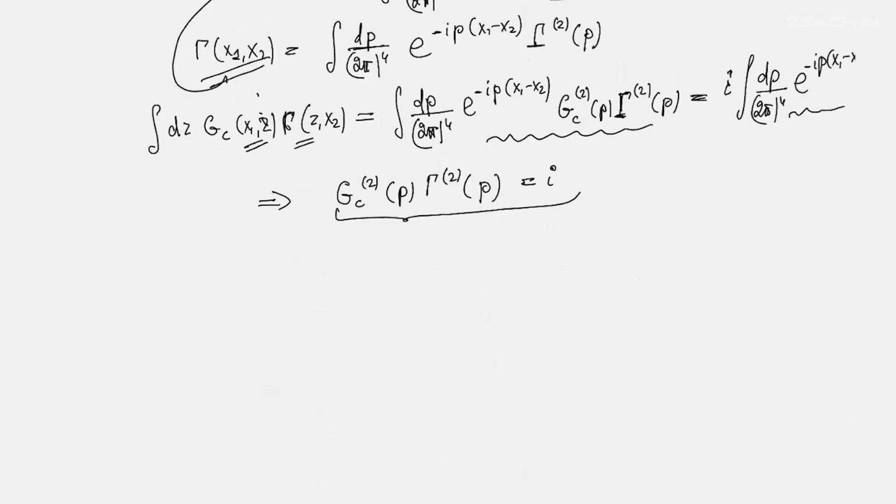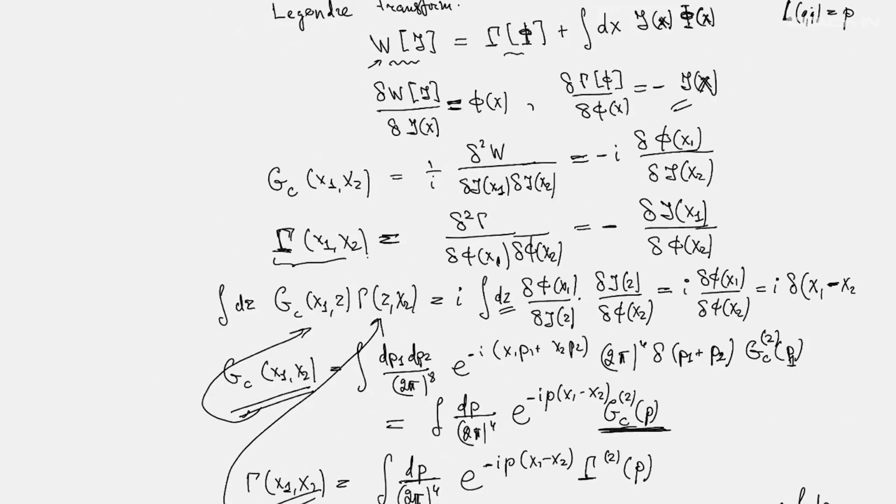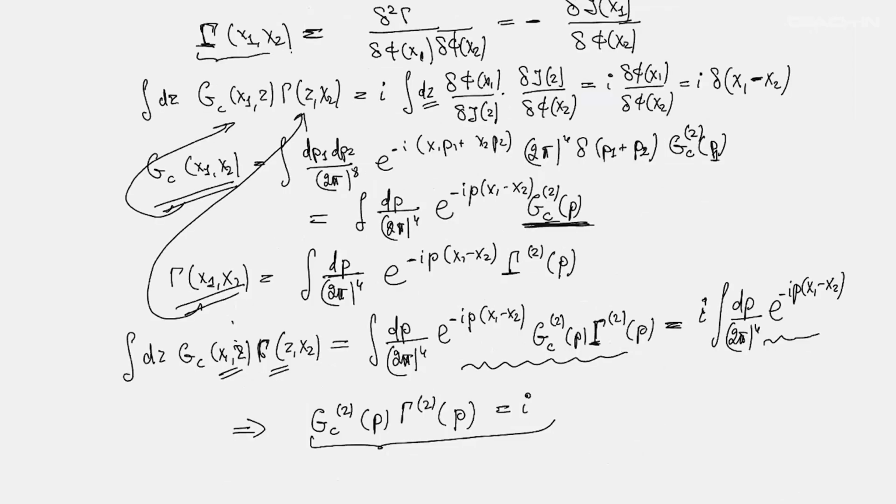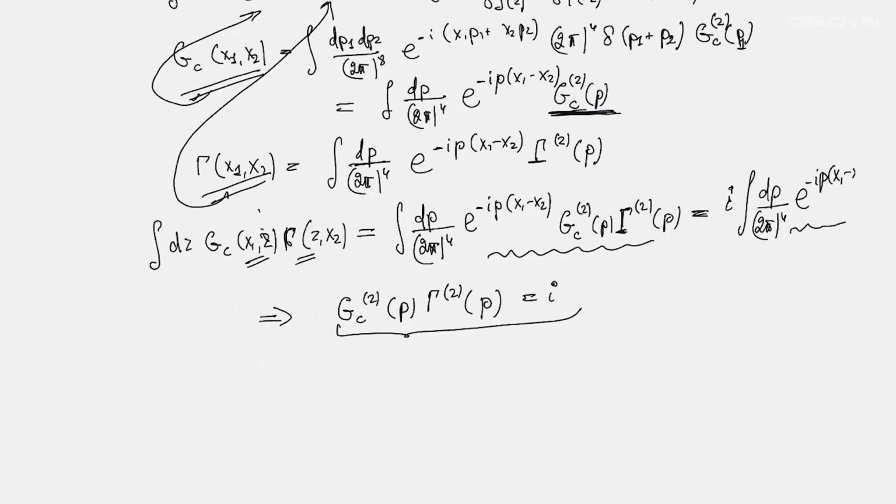This is not the end of the story. In fact, if we look at this formula, where is it? At this formula here, saying that the integral of Gc on x1 comma z gamma z x2 is equal to minus I delta function x1 minus x2.